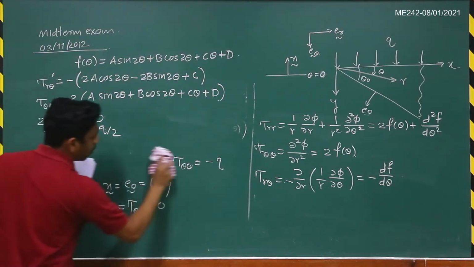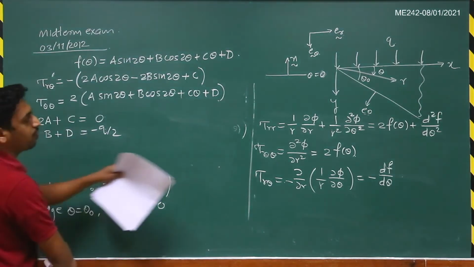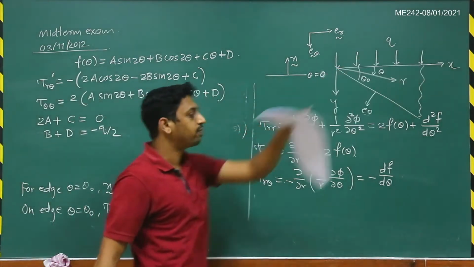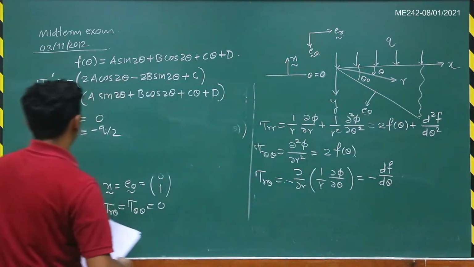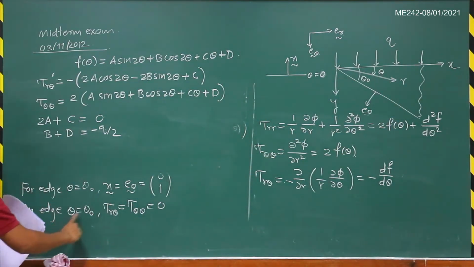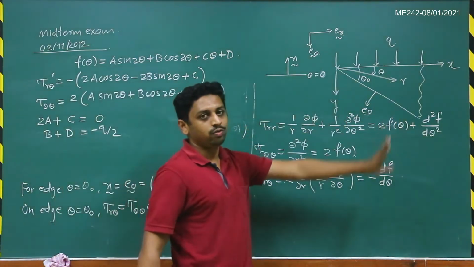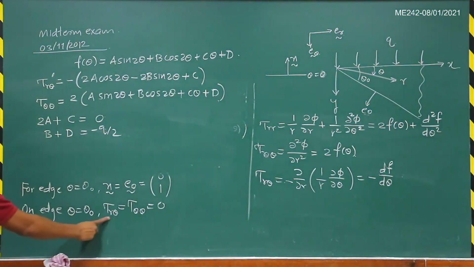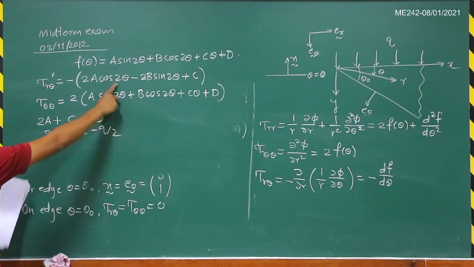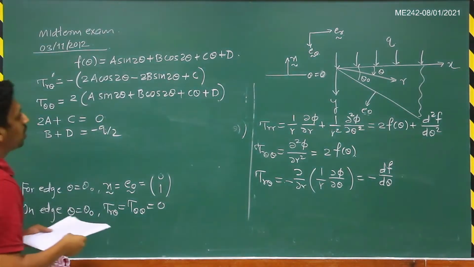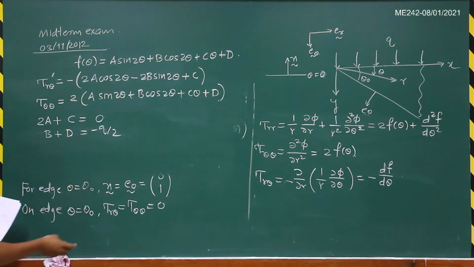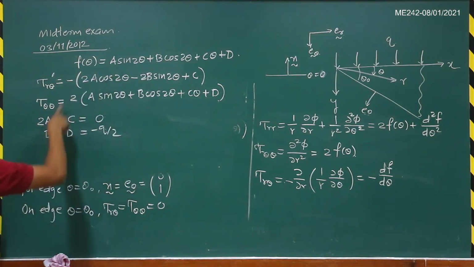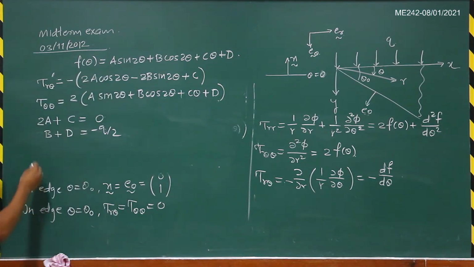We have used these boundary conditions, which we have obtained from the traction boundary conditions on the face theta equal to 0. Now use the traction free surface theta equals to theta naught. So on this surface theta equal to theta naught, we don't have any tractions, so tau r theta and tau theta theta at theta equals to theta naught are 0. So we put theta equals to theta naught into these equations, and we get the other two boundary conditions.